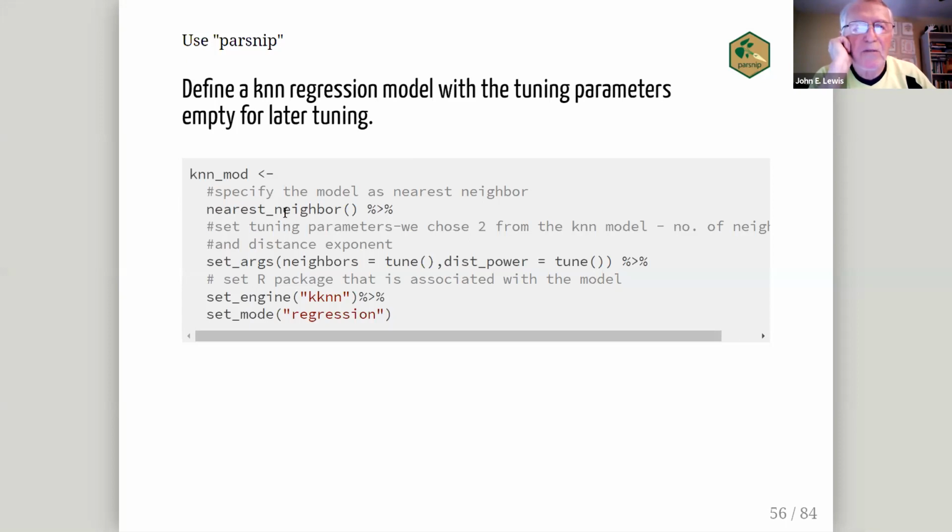So I specify the nearest neighbor, and then I set my arguments here, the neighbors, to tune, and we're going to tune two different hyperparameters for the nearest neighbor model. We're going to tune the number of neighbors that we use, and the distance power, in terms of the exponent that we use. Then we set the engine to something we saw before, and we set the mode to regression.